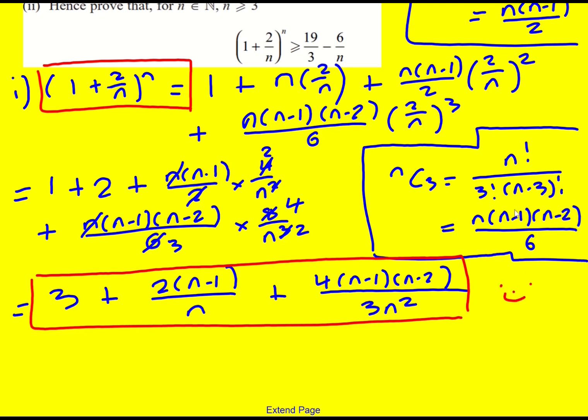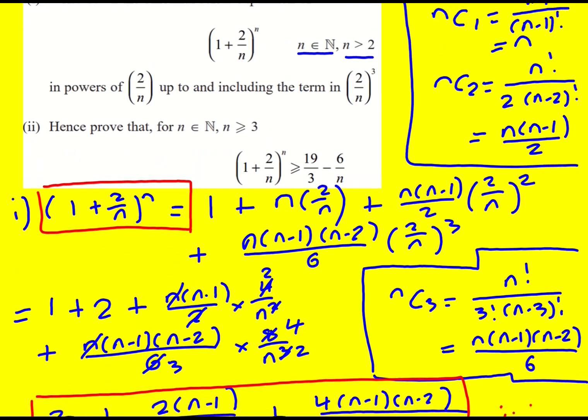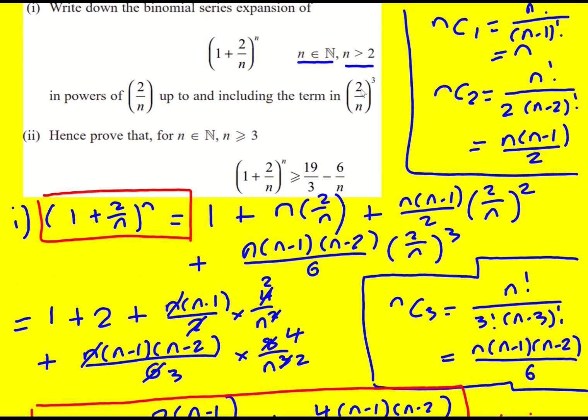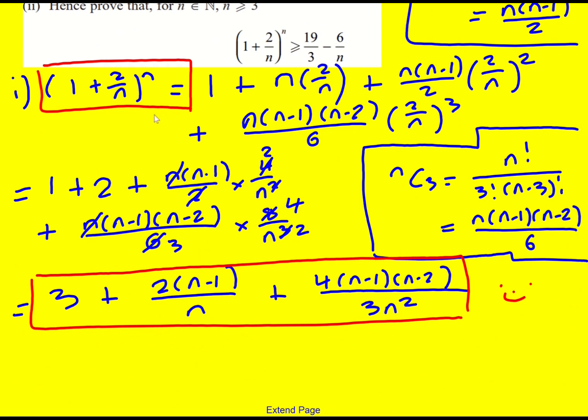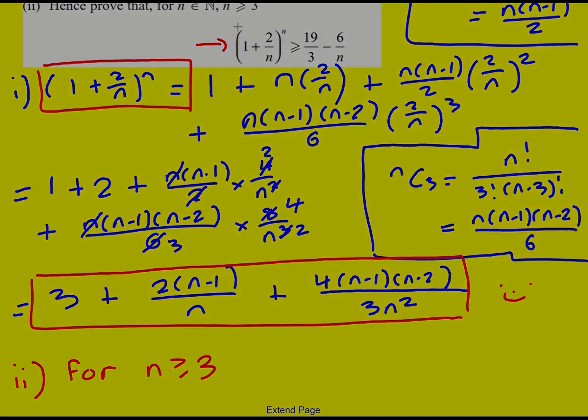Great. Now remember, that was just the terms up to 2 over n cubed. This is actually an infinite expansion. Whereas to hence prove, when n is greater or equal to 3, so actually our expansion will include these and maybe some more, that we can write this down. So for n greater or equal to 3, let me just copy this down.